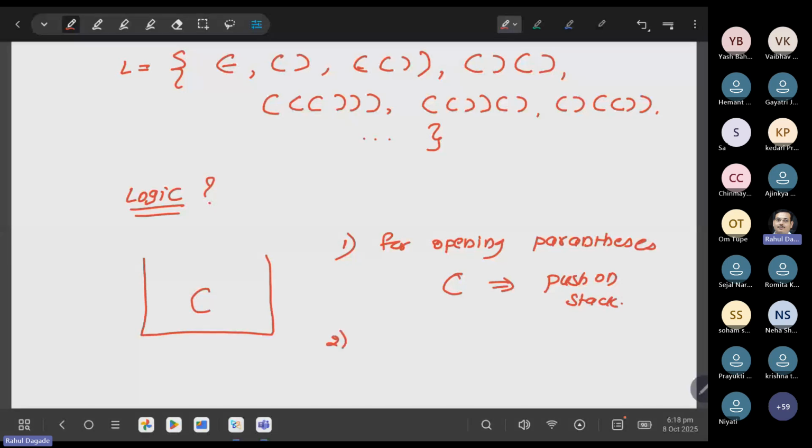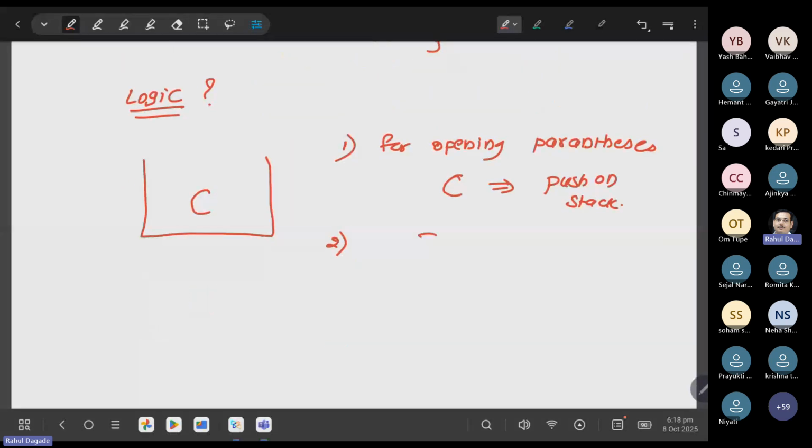And whenever you get a closing parenthesis, then pop the stack if the top of the stack contains an opening parenthesis. And then again, if you get an opening parenthesis, then push it, then on closing, you pop it.